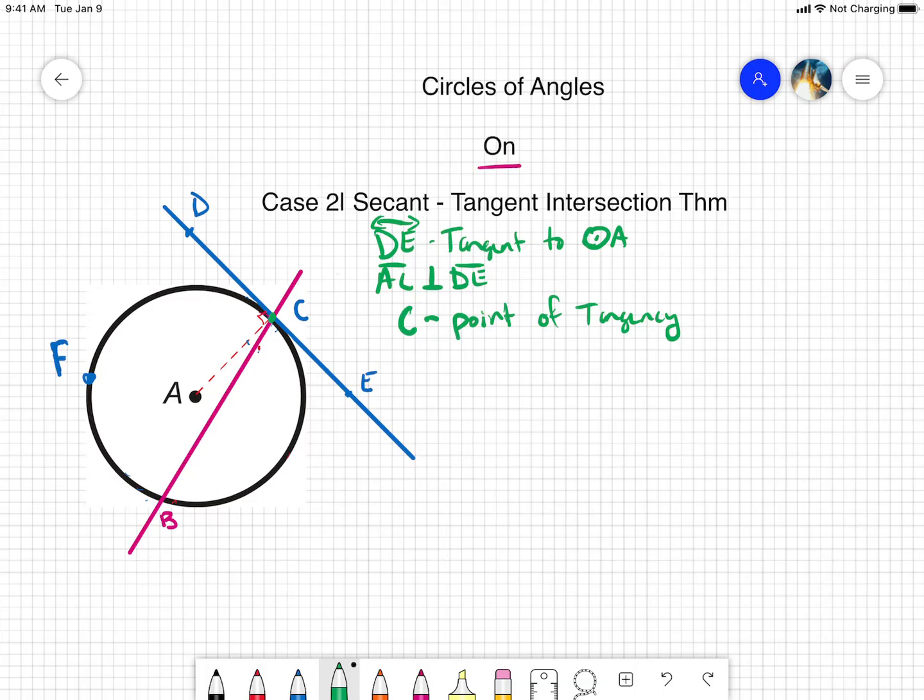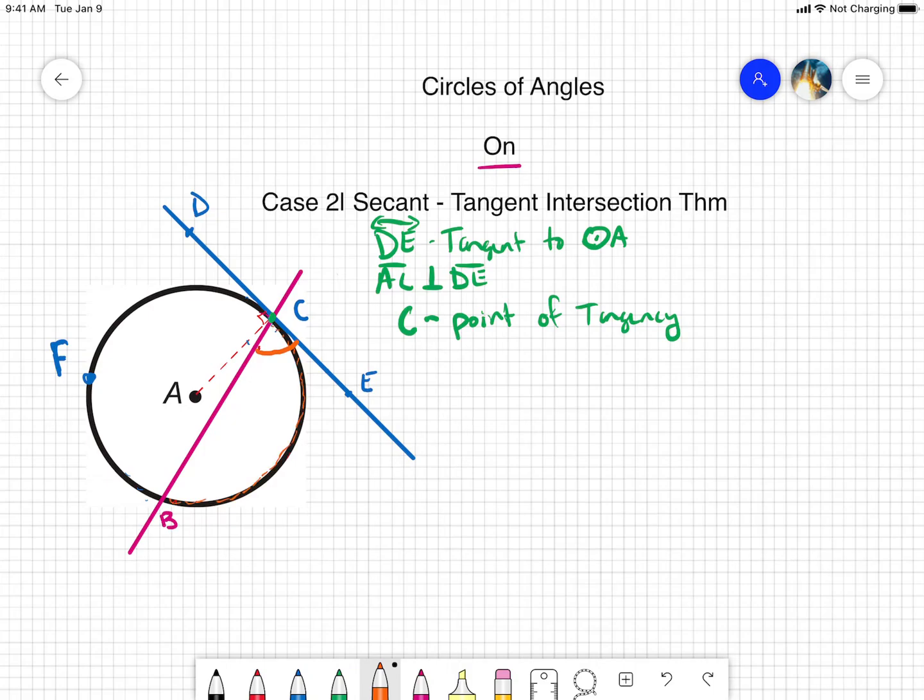Now, when we're talking about a secant and a tangent intersecting on the circle, the only place that they can intersect on the circle is that point of tangency. There are lots of different ways that we can go about proving this, but the very simple part is, if I look at this angle right here, it coincides with this entire arc right here.